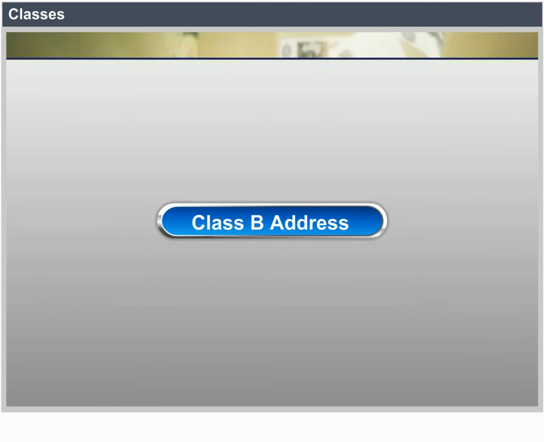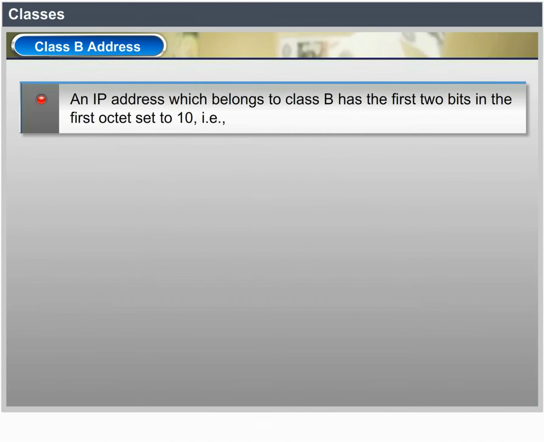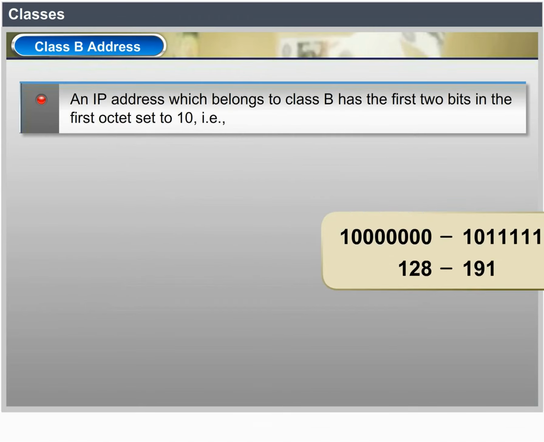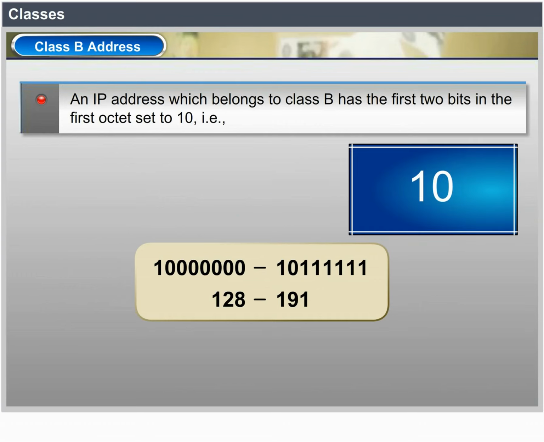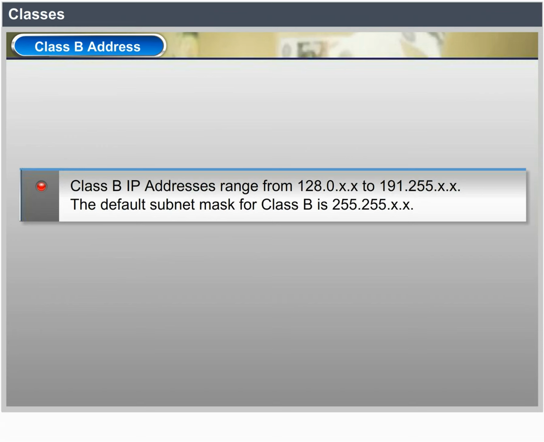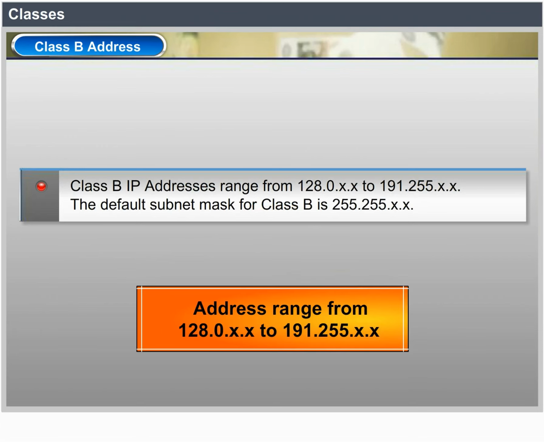Class B addresses. An IP address which belongs to Class B has the first 2 bits in the first octet set to 10. For example, Class B IP addresses range from 128.0.x.x to 191.255.x.x.